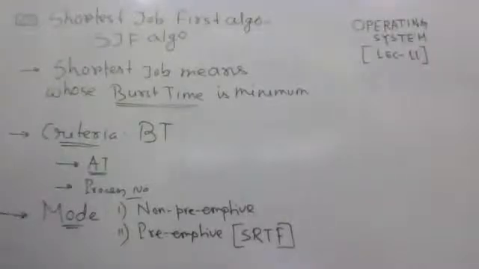I think this point is very clear to you: non-preemptive SJF and preemptive SJF, which is called SRTF. So in this section we have to discuss SJF in non-preemptive mode, and again we have to discuss the other algorithm, that is preemptive SJF or SRTF.